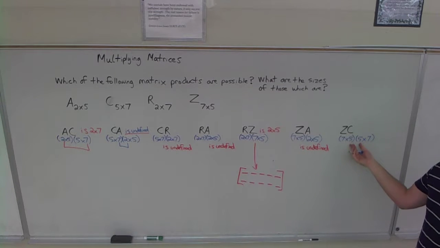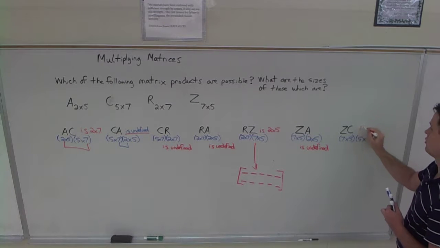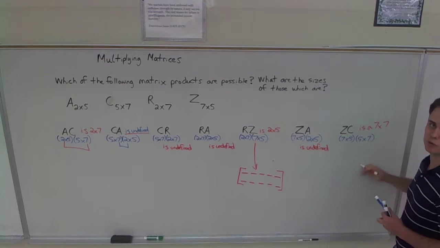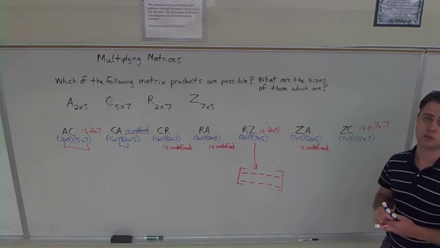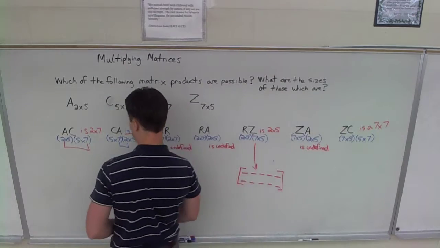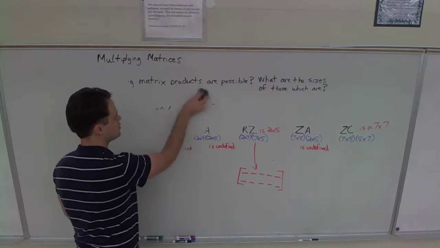Okay, this time the inner dimensions do match, and the answer is going to be a 7 by 7. So we'd have to have a really big matrix with 49 entries, a nice square matrix, to perform that matrix multiplication. Okay, let's actually learn how to multiply matrices. So let me give you a couple matrices with some actual entries that we can see.